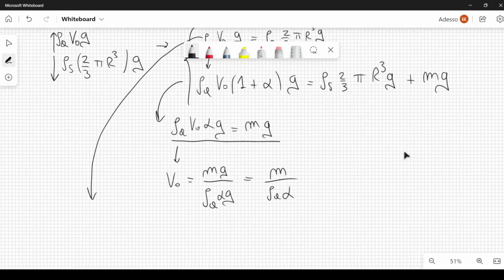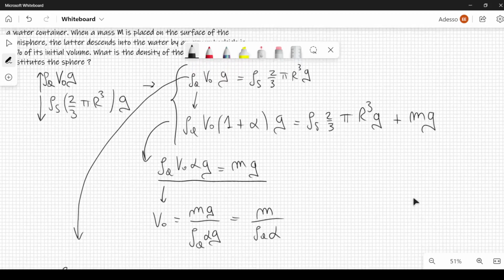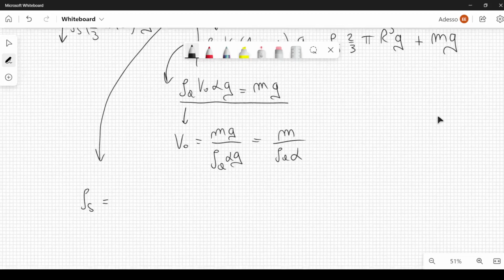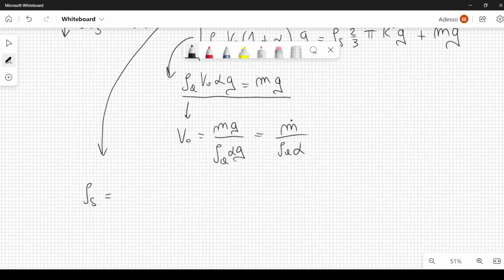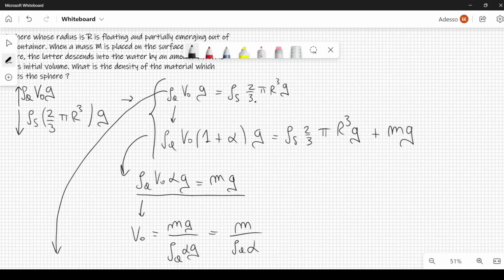So the density of the sphere is given by rho A V0 times g, but we have V0 from here, so we have m over alpha times g, divided by, of course, we have to divide by this.